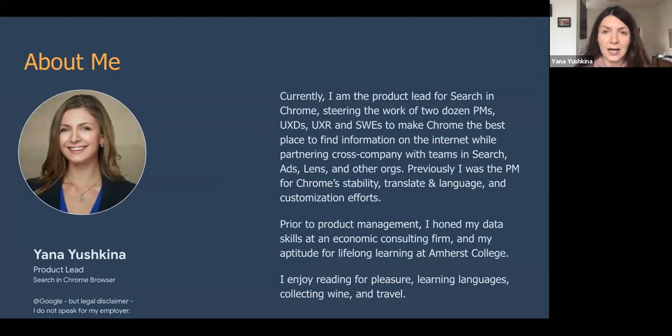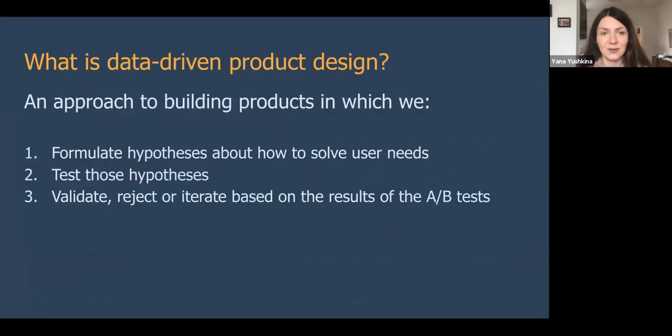Before this role, I was the product manager for stability, for translated language, and for customization efforts, also all in Chrome. And before I was a product manager, I was a data analyst. Because of that, I believe I bring a unique view on how to use data to be a better product manager and to influence people. So without further ado, let's get to it.